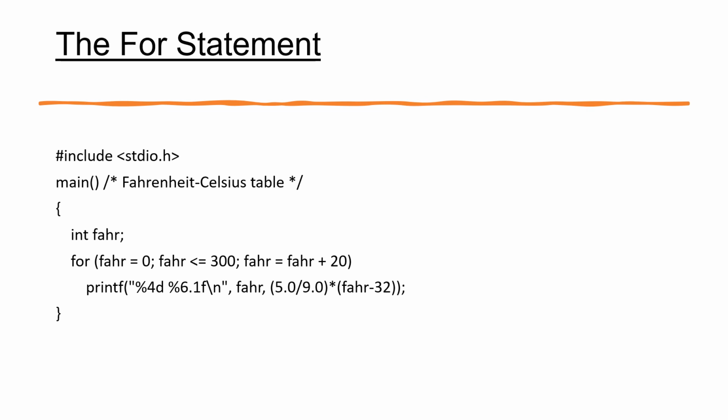Here is a simple code for the for statement. This code basically gives us the Fahrenheit Celsius table. So again, it begins with a simple header of standard input and output. Then we have main, and here you can see the use of the comment keys /* and */. Inside this, we have written what the code is about, like the Fahrenheit Celsius table.